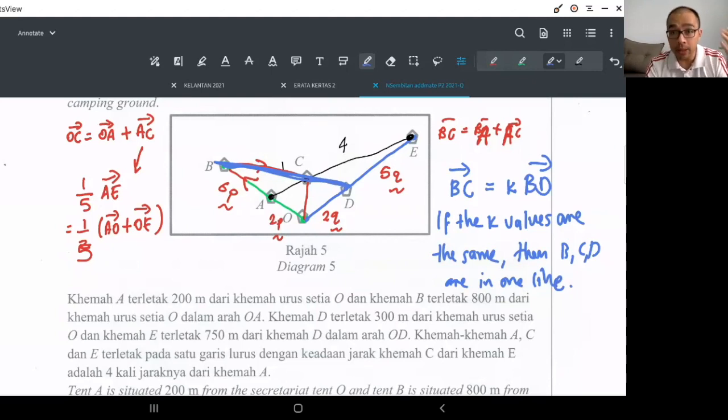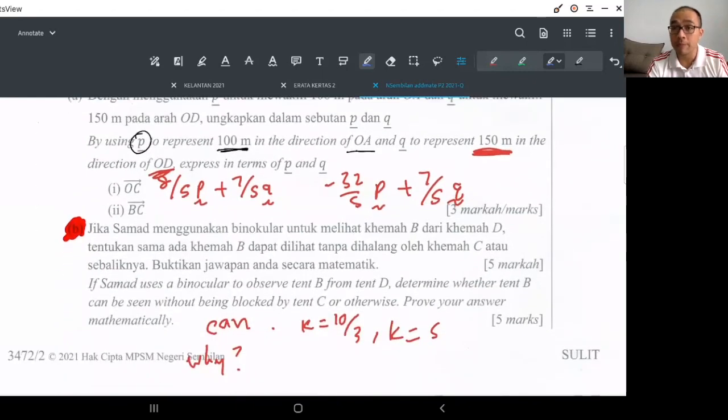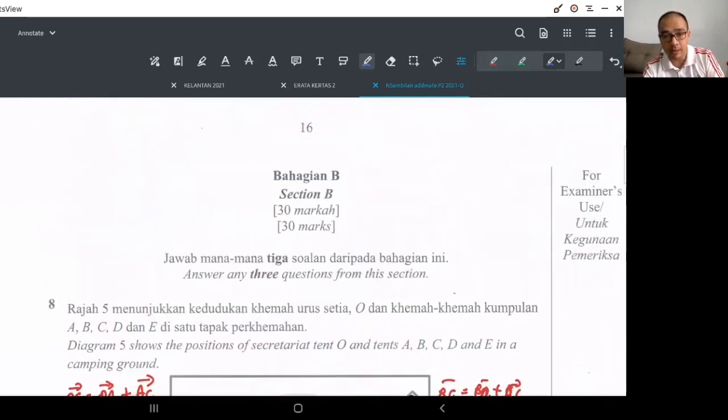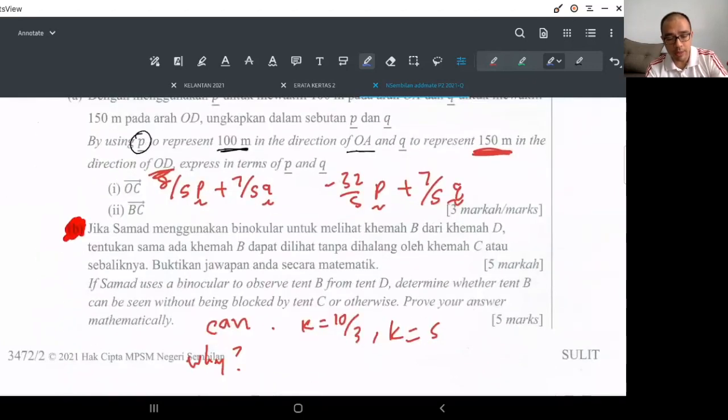The tent C will block Samad from seeing tent B, because Samad is here. He wants to look at tent B for some reason or another. If the K value is the same, then B, C, D is in one line and therefore cannot be seen.